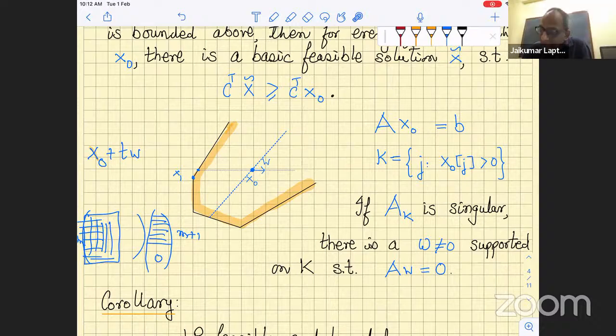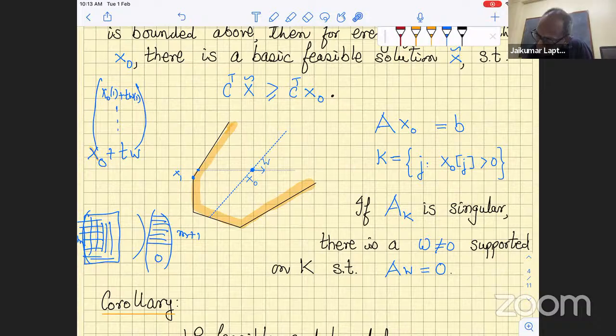So the general solution starts looking like x0's first coordinate plus t times w's first coordinate, and so on. Okay. Now, if all these coefficients w1, w2, and so on are non-negative, then we can go indefinitely in this direction w and stay within the feasible range.